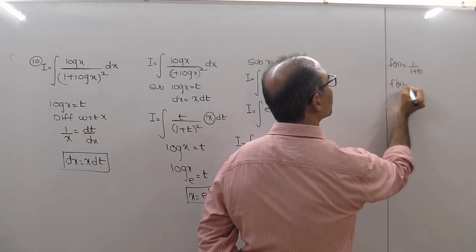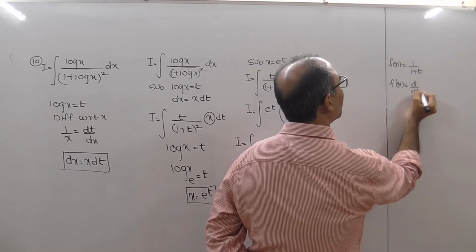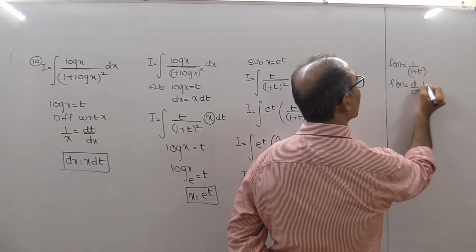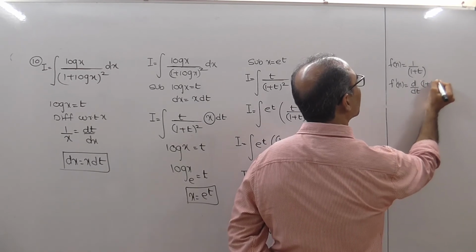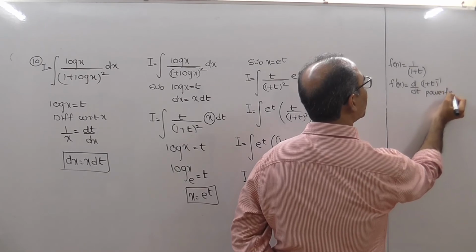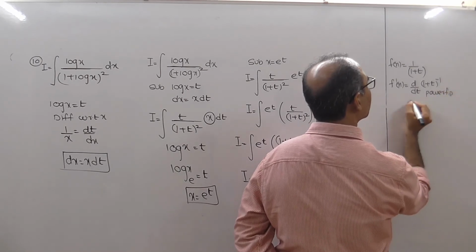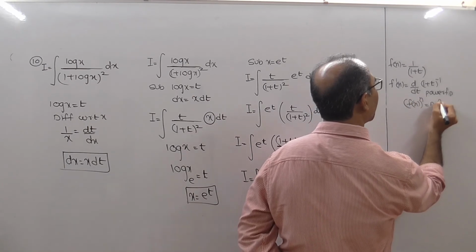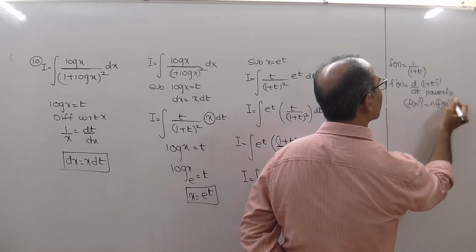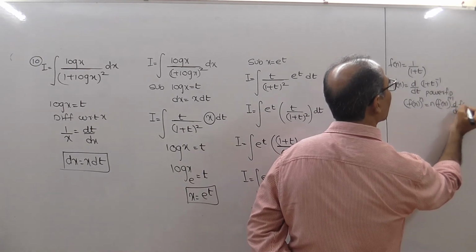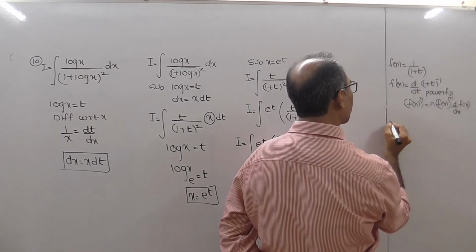My f dash of x will be d by dt of 1 upon 1 plus t, so I'll write this as 1 plus t raised to minus 1. This is a power function, in the form of f of x raised to n. The derivative is n f of x raised to n minus 1 d by dx of f of x.